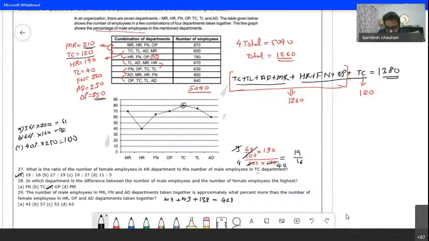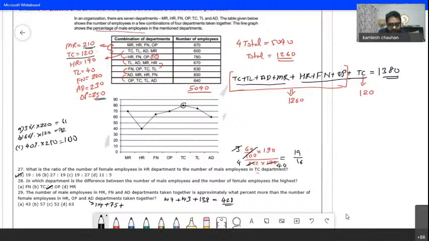Pretty big number. What percent is it more than the number of female employees in these departments put together? So for HR, how many females are there? 190 into 60, this is 40, so exactly opposite, so 114. For OP, 70% is male, so 30% female. 30% of this number is 75.